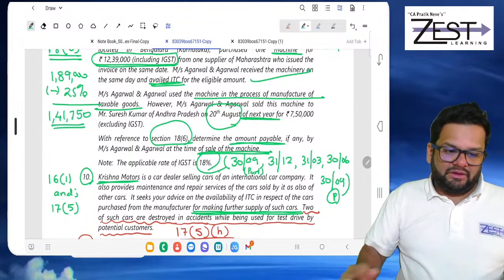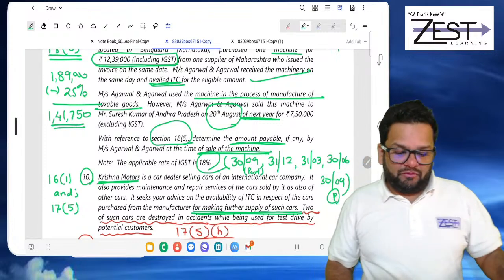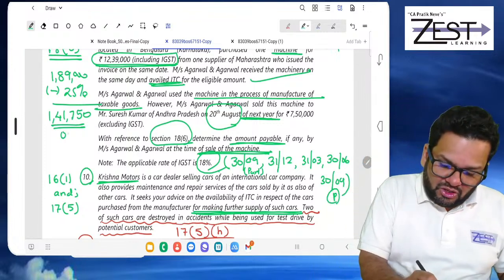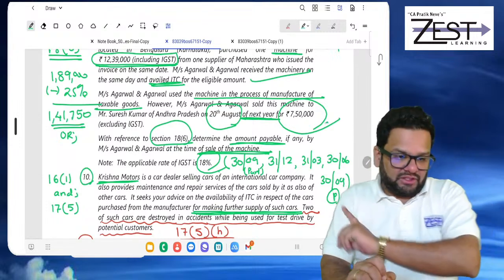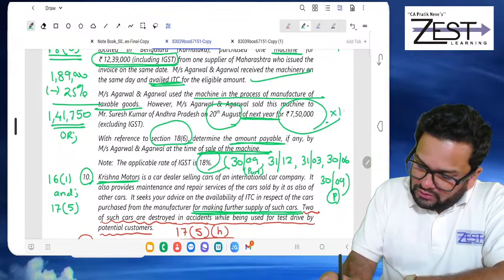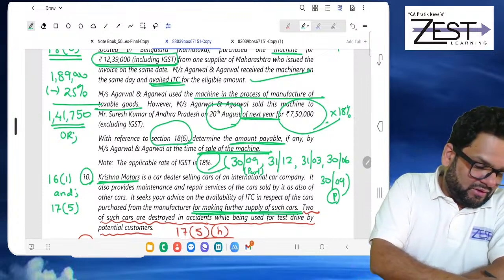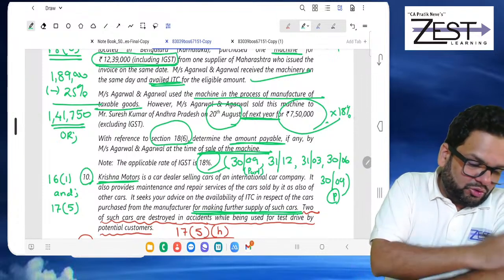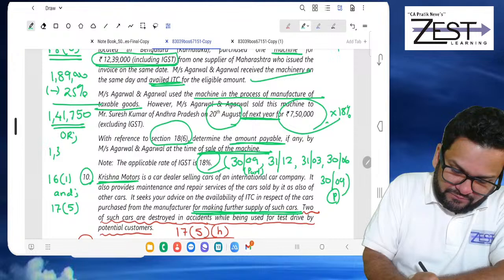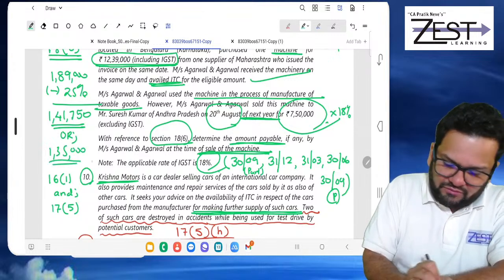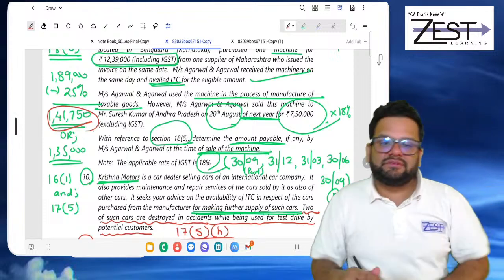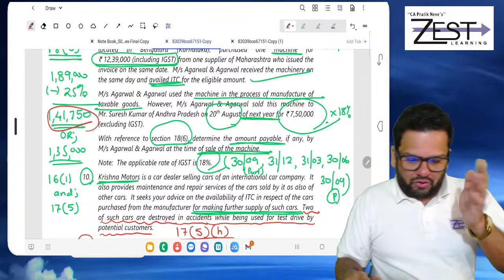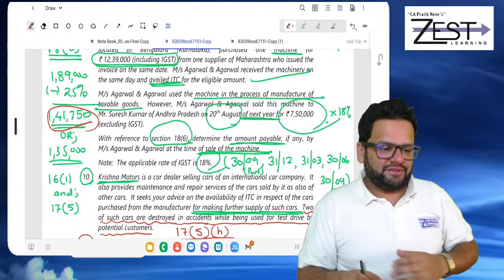Are you getting 141,750? So now you will have to pay 141,750 or the transaction value 7,50,000 into 18%. What is 7,50,000 into 18%? It is 135. You will have to pay whichever is higher. So the final answer is 1,41,750.